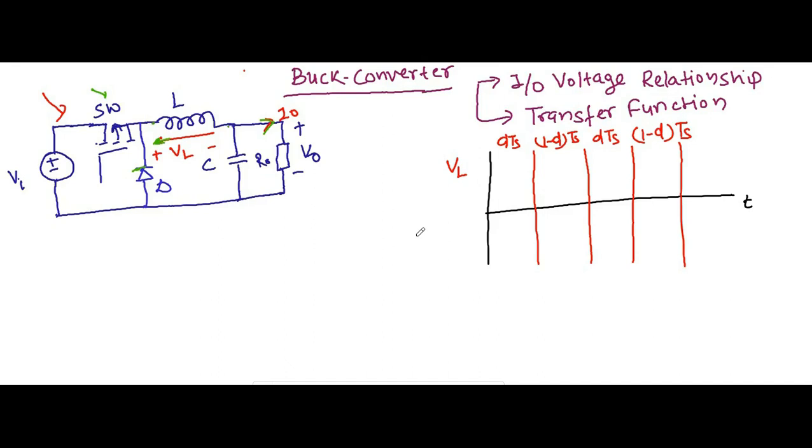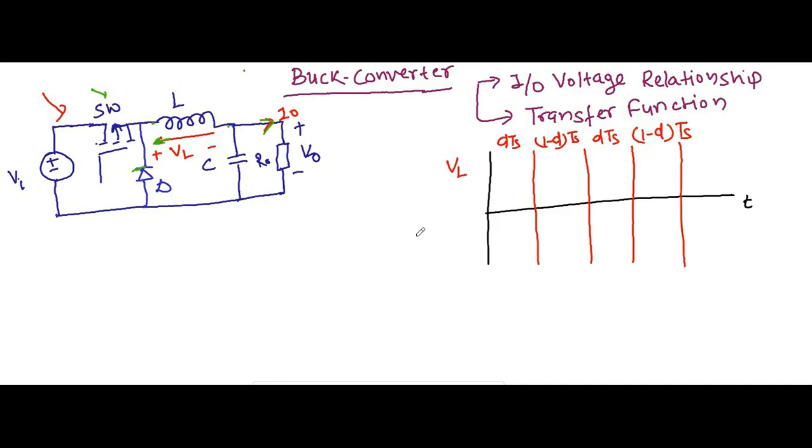Let us analyze this using the voltage across inductor waveform. On this axis we have the time, and on the y axis we have VL, that is the voltage across the inductor. We have the on time and the off time.